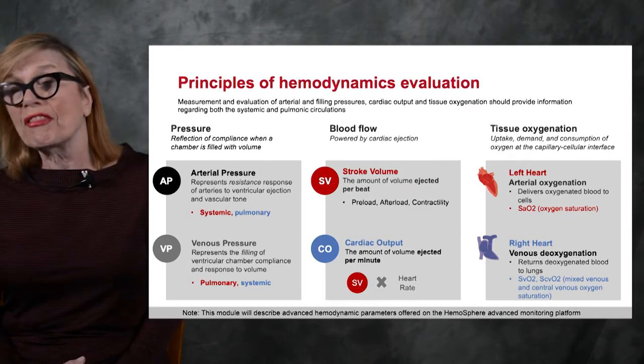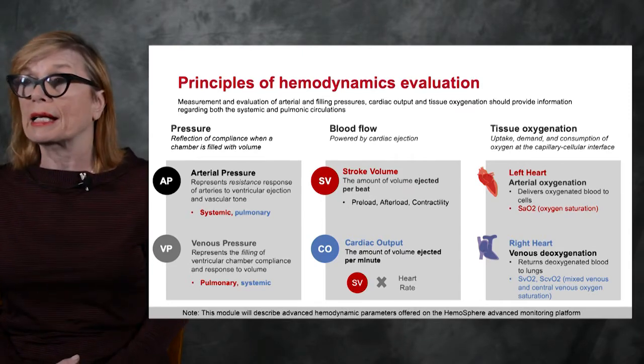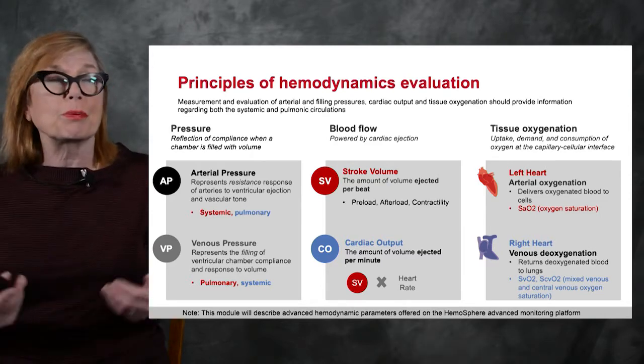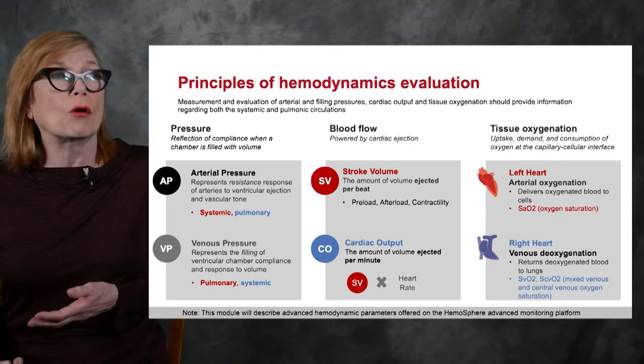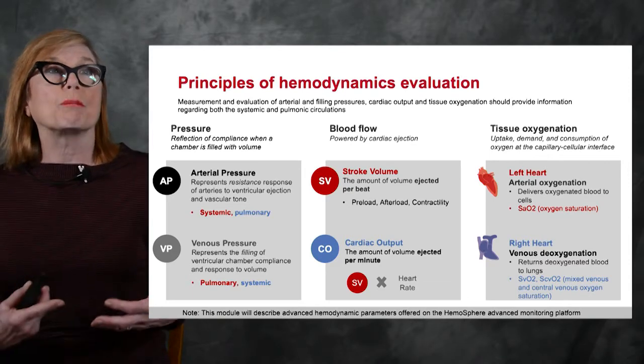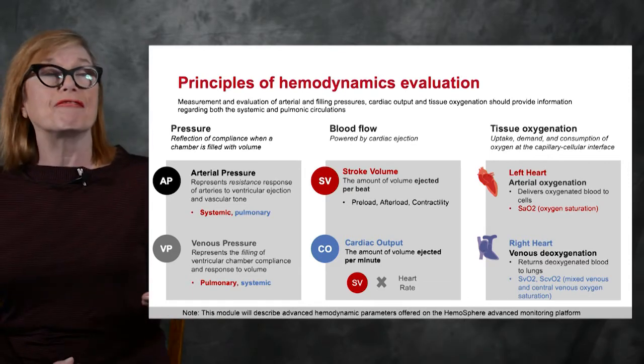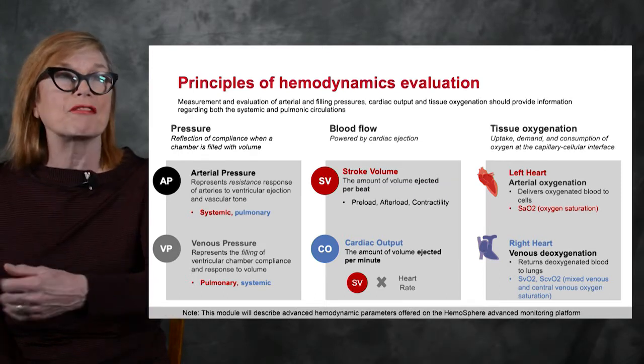So what we want to think about in principles of hemodynamics evaluation: how much pressure is generated when volume fills the ventricle, either the left ventricle or the right ventricle, and how much blood flow is powered by the left ventricle and the right ventricle.